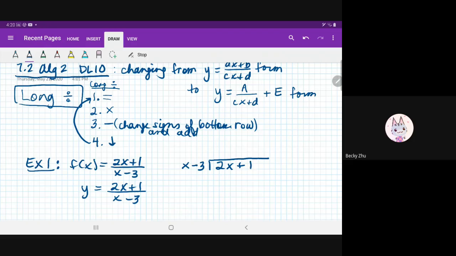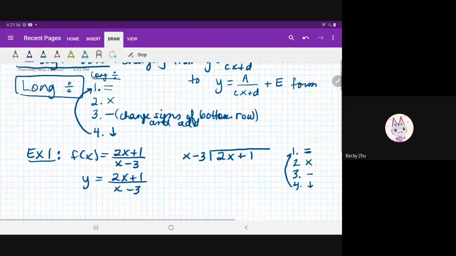Then we write our steps. The more times we write the steps, the more likely we are to remember: equal sign, multiply, subtract, bring down, and repeat. In these, though, you often just have to do it once, so the repeating isn't really true for these.